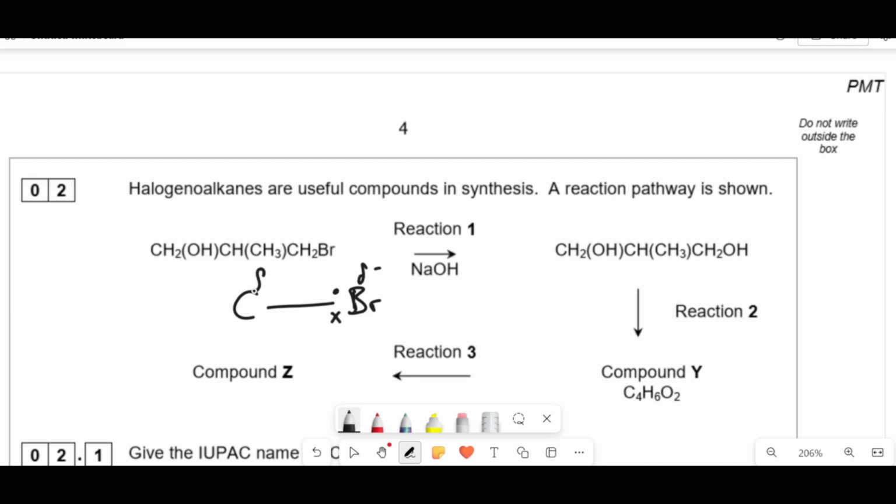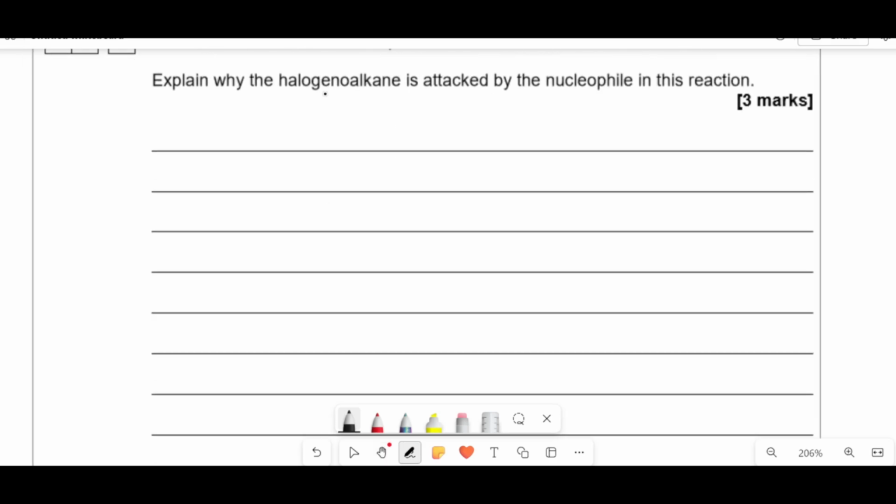So that becomes delta negative, that becomes delta positive. The only reason for that is because Br is more electronegative. So if that's more electronegative, then this is electron deficient, which means a nucleophile is going to go to town, right? And that's exactly what we're going to talk about here. A lot of people just struggle to make the comparison with electronegativity, and they just say nucleophiles are electron pair donors. What are you doing? That doesn't explain anything, so don't do that.